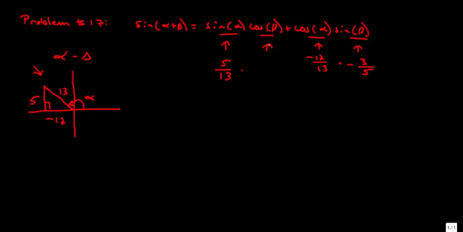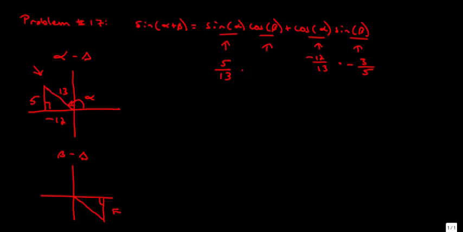Now let's get the cosine of beta. For the cosine of beta, I need a beta triangle. Again, we look to see where beta is. Beta is between 3 pi over 2 and 2 pi, so that means it's going to be in quadrant 4. So we'll draw out our triangle, just like that.